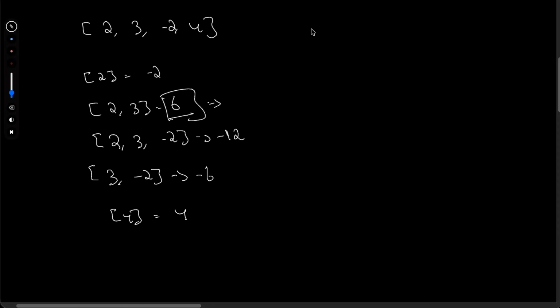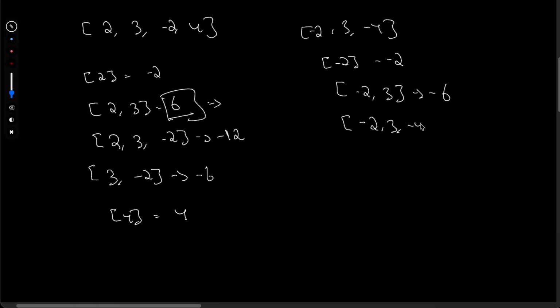If we have an example like -2, 3 and -4, then -2 is -2, -2 into 3 is -6, and -6 into -4 is 24.